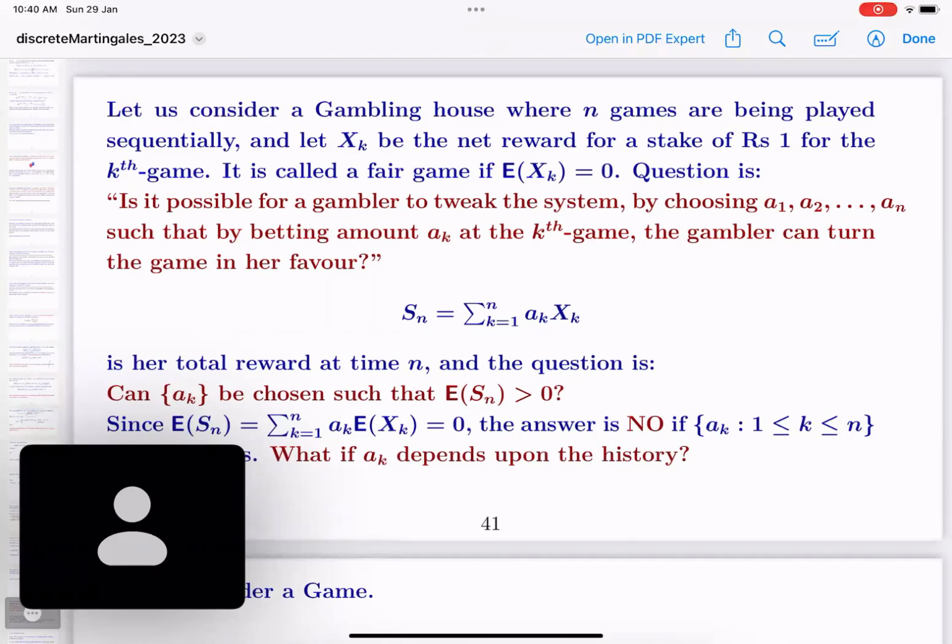And let's say it's a fair game: expectation of Xk is 0. Rare to find, but suppose it is so. Now the question is, is it possible for a gambler to tweak the system by choosing A1, A2, ..., An such that by betting an amount Ak on the kth game, the gambler can turn the game in her favor?